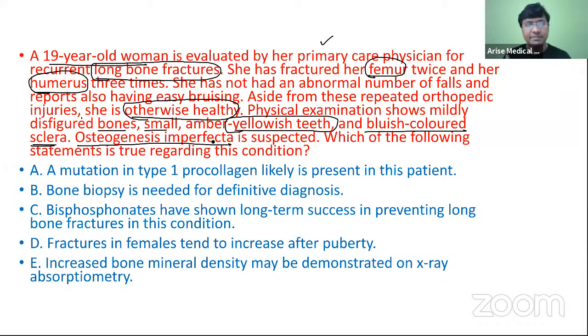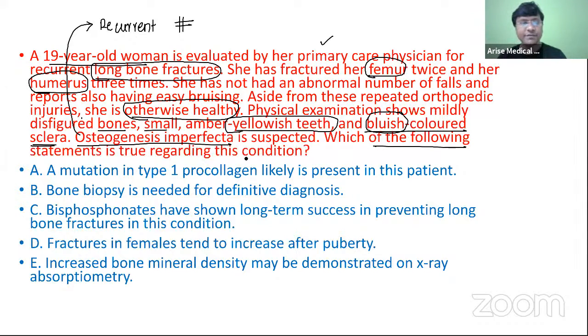Now, what is the very important point of osteogenesis imperfecta? The very important point is recurrent fractures, that is one thing. And the other important thing is the bluish colored sclera.